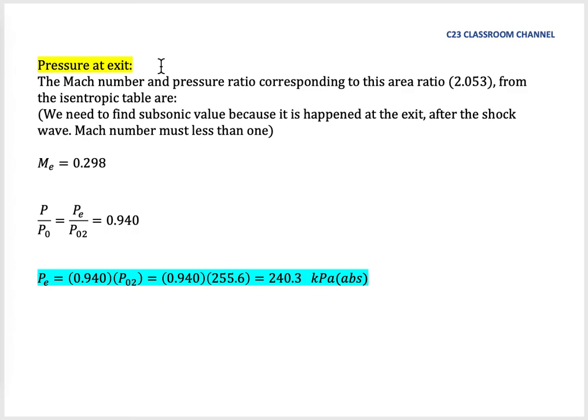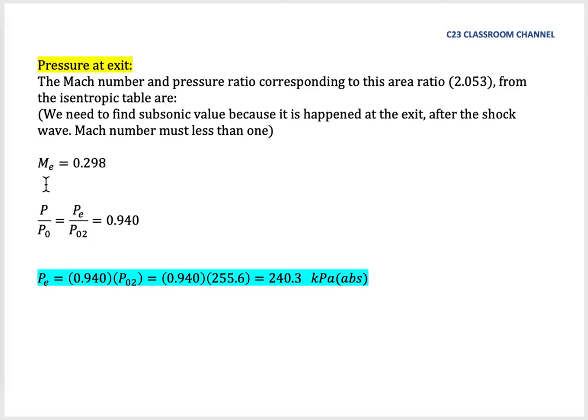Then we can calculate the pressure at exit. The Mach number and pressure ratio corresponding to this area ratio, 2.053, from the isentropic flow table can be determined as 0.298. Here, you may have two readings, so we need to find the subsonic value because it happens at the exit after the shock wave. Mach number must be less than 1.